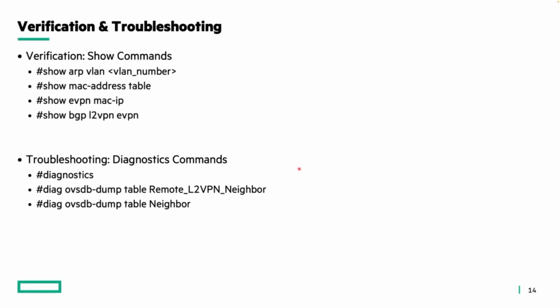So for verification and troubleshooting, I listed some of the show commands that you can use to verify that the ARP suppression entry is created. And similarly, I listed some of the diagnostic commands here for you to check. We'll see some of the examples in the following slides.